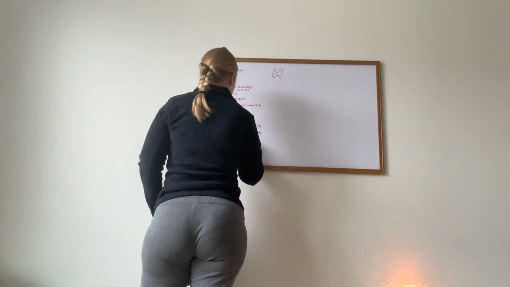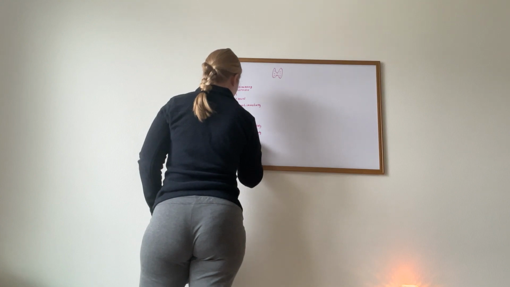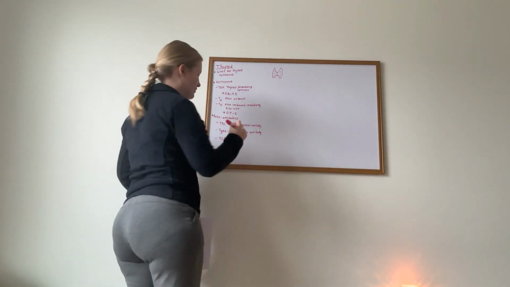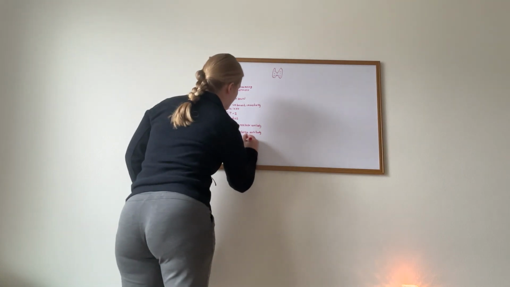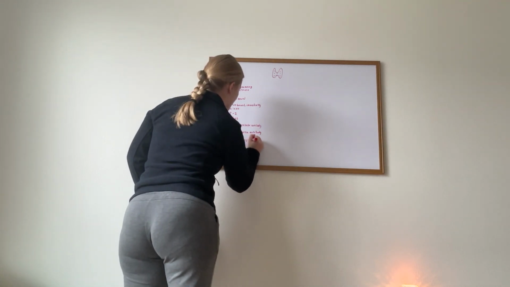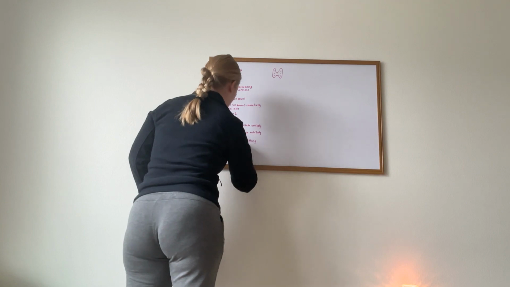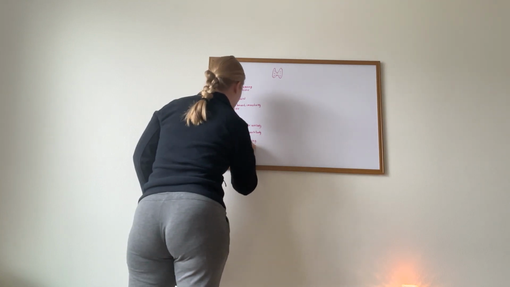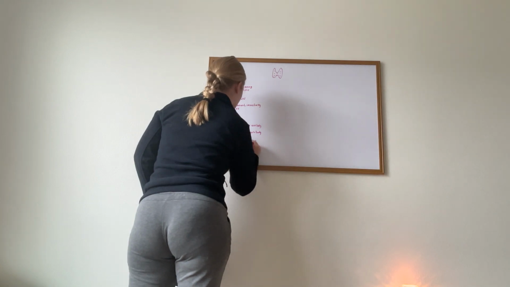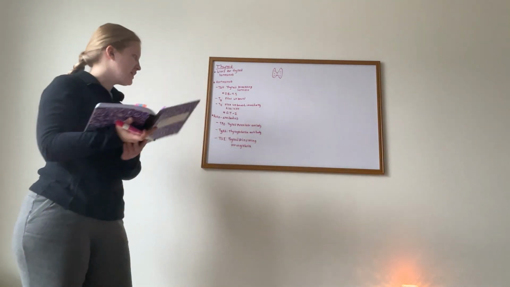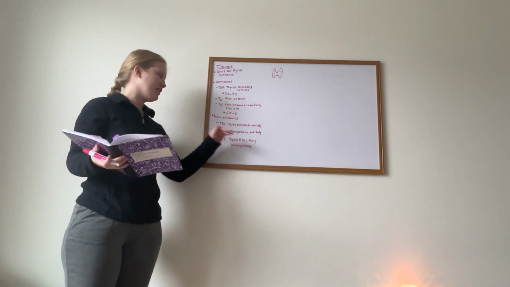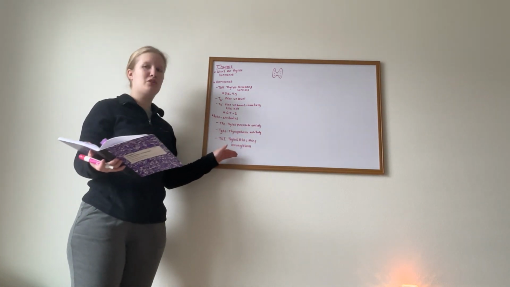Once again, long words. Just remember TPO, TGAB, and TSI. All right. So TPO, thyroid peroxidase, TGAB, thyroglobulin antibody, TSI, thyroid stimulating immunoglobulin.